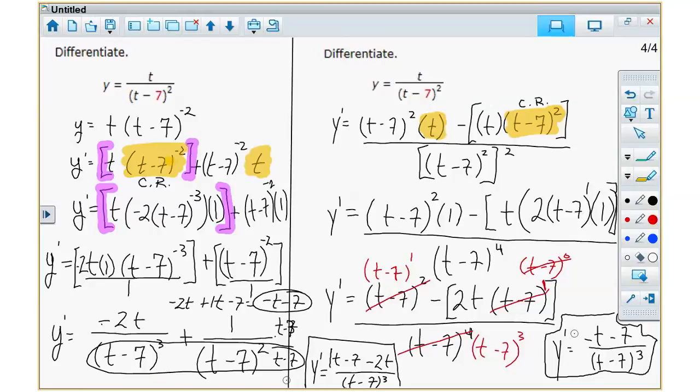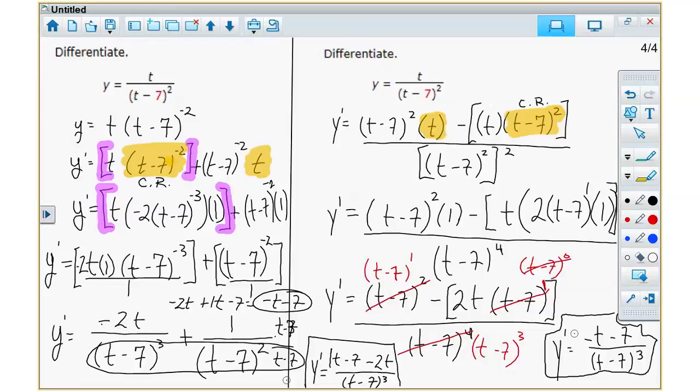Then you just do the top. You don't do anything to the bottom, you just combine it. It'll be t minus 7 to the third. Do your math at the top, and you should get this.